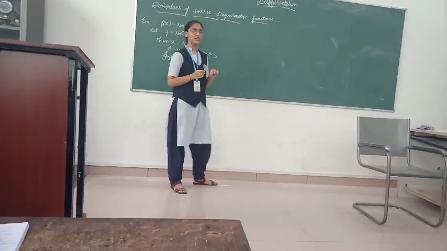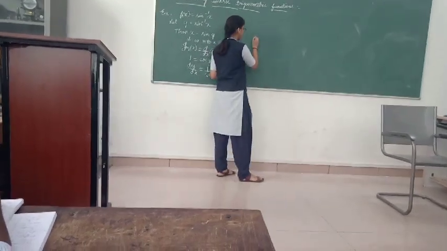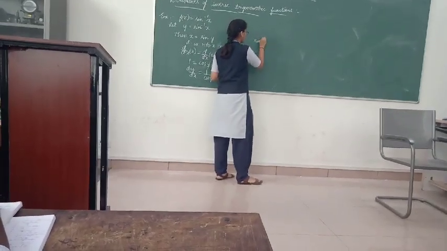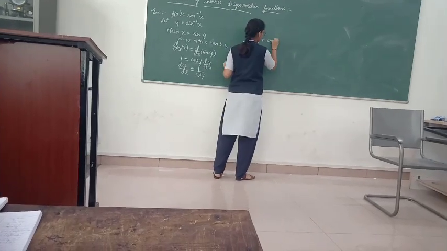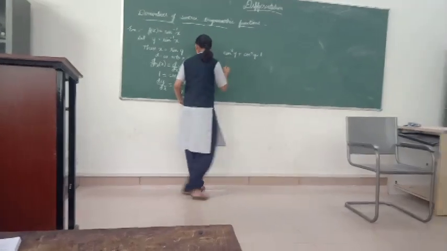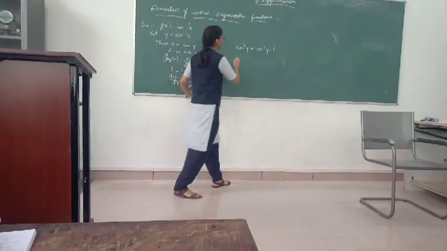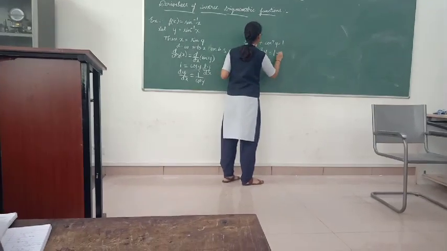In trigonometry there are trigonometric identities. The first identity is sin square y plus cos square y is equal to 1. Here we need cos y. So cos square y is equal to 1 minus sin square y.